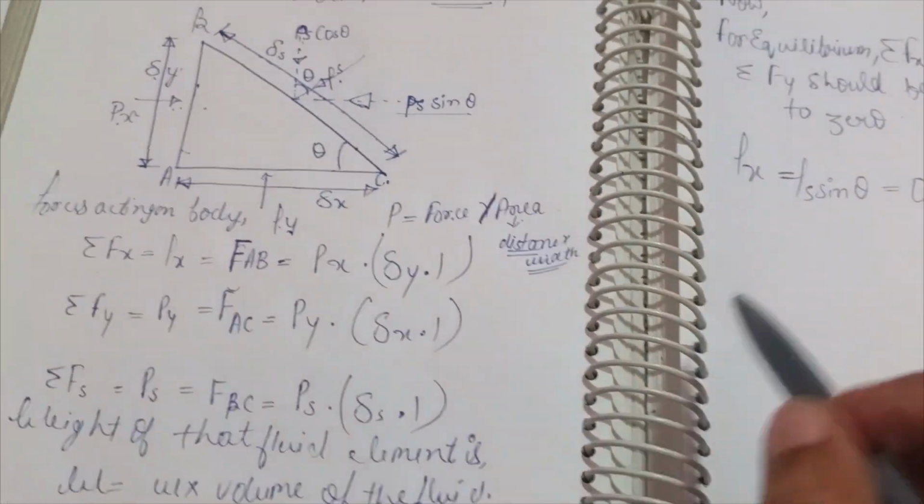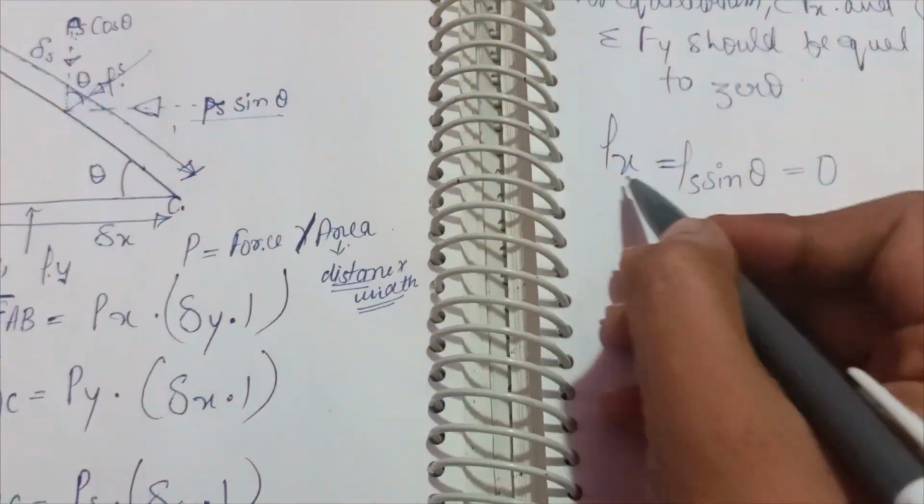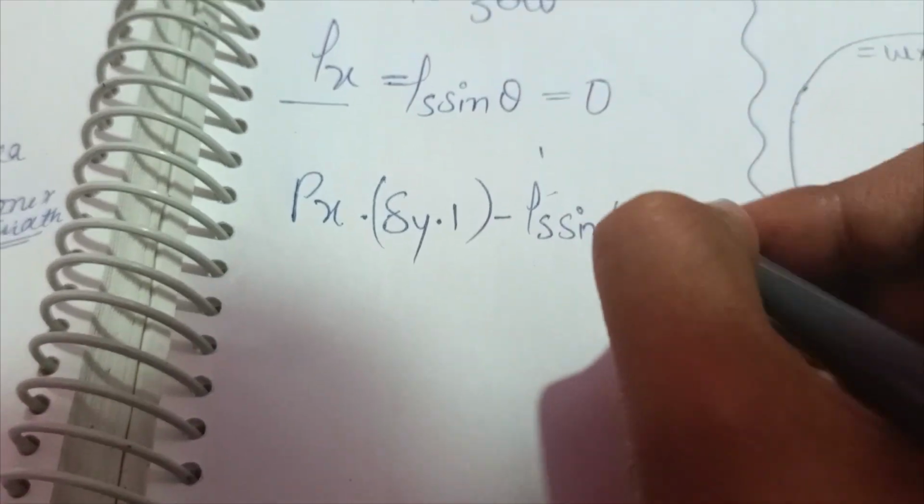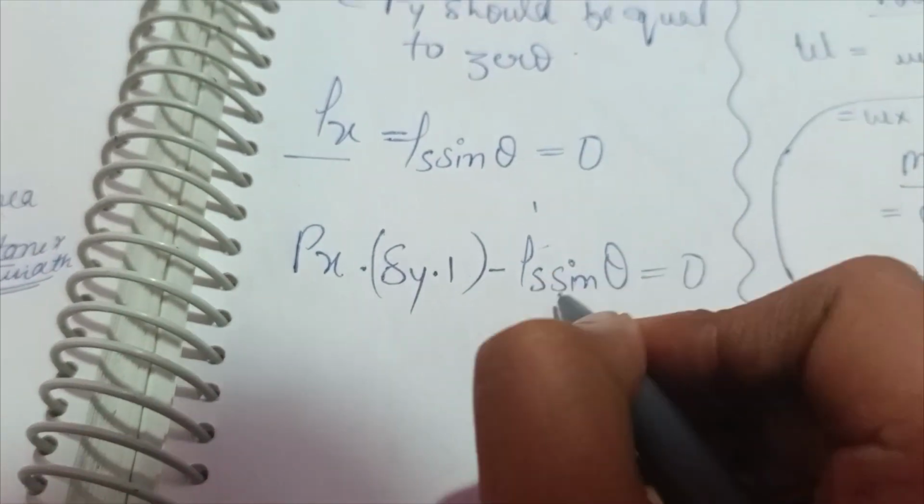If they are in equilibrium, then they equal 0. Px is Px delta y into 1, subtracted from Ps sin theta, equals 0.